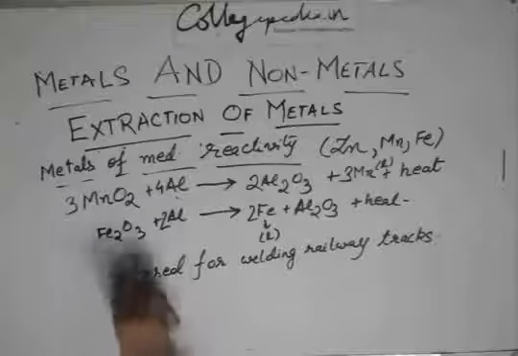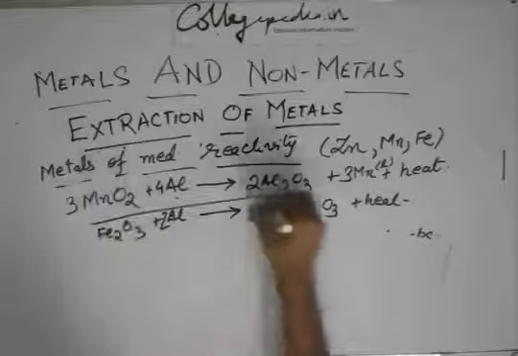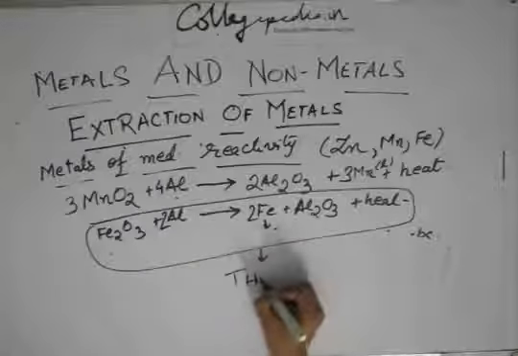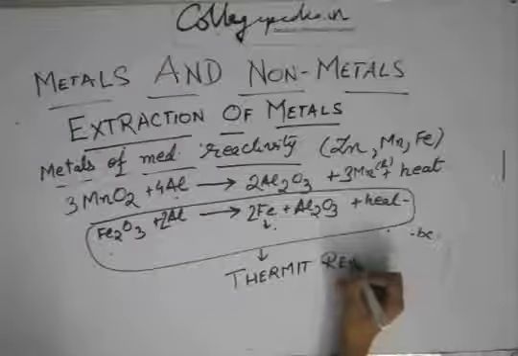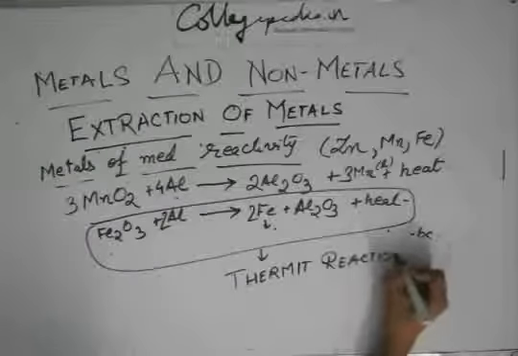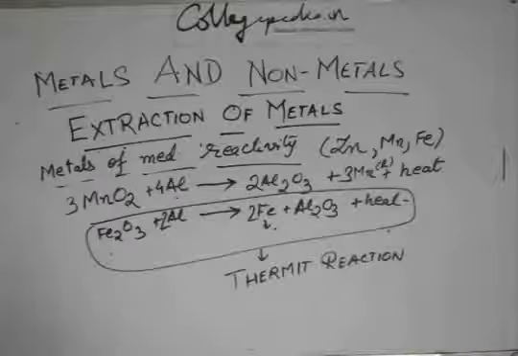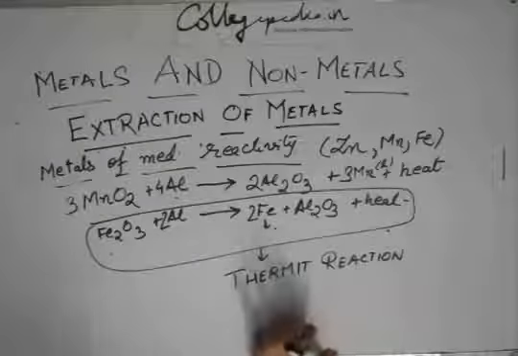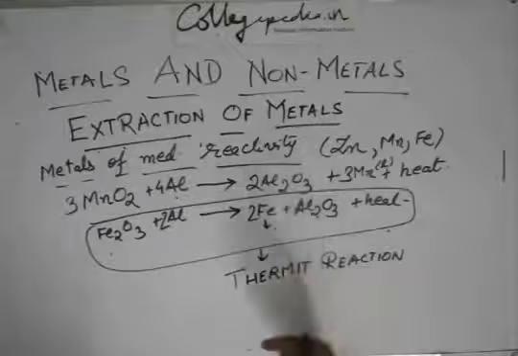And this reaction of Fe2O3 and Al has a special name. It is called the Thermit reaction. So from here they can ask you questions like, why is iron formed as liquid in Thermit reaction? So the answer is that the reaction is very exothermic, and the heat evolved actually melts iron.